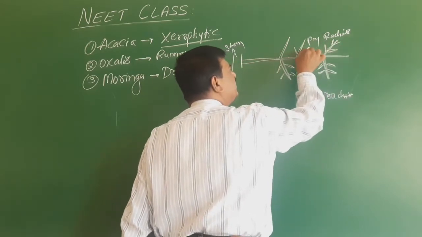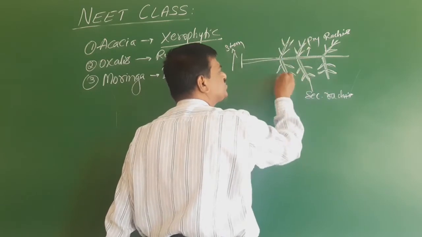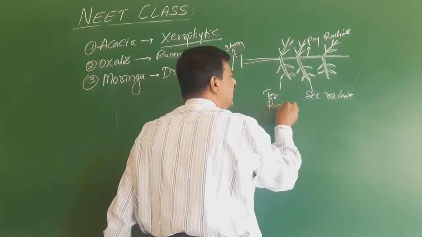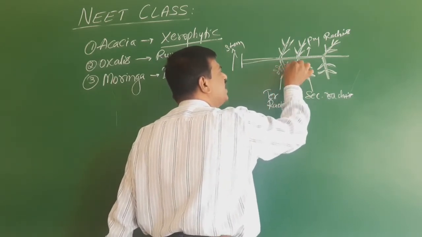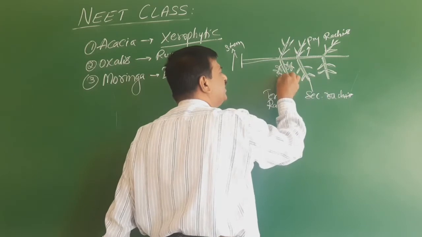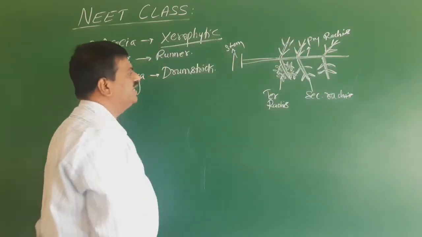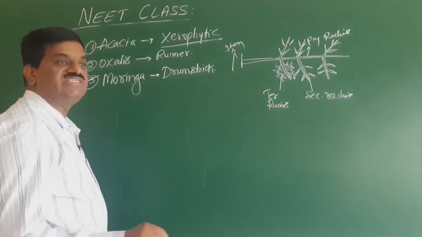So this tertiary rachis holds the leaflets on both sides. Hence this is called a tripinnate compound leaf. Like this, it is present in all. Hence Moringa, called drumstick, is the right answer.